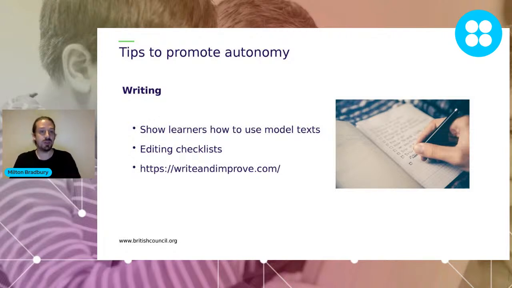But what they can do is refer to a checklist that perhaps you've created with the class, or even they've created themselves if they're trained enough, about whether their text meets certain criteria. So if we're looking at an A2 student, some criteria that may go on there would be something like, I have clear paragraphs. My sentences aren't too long.